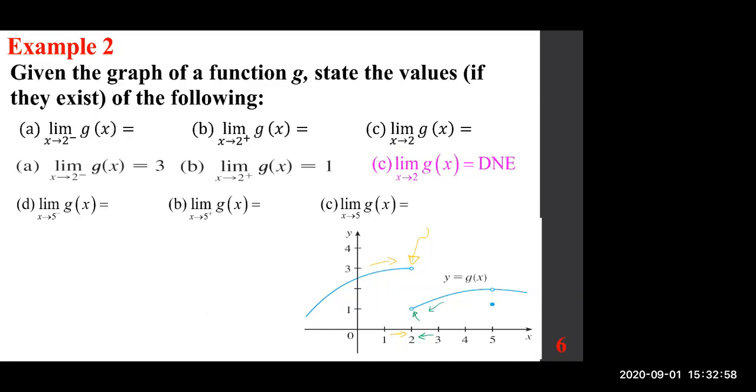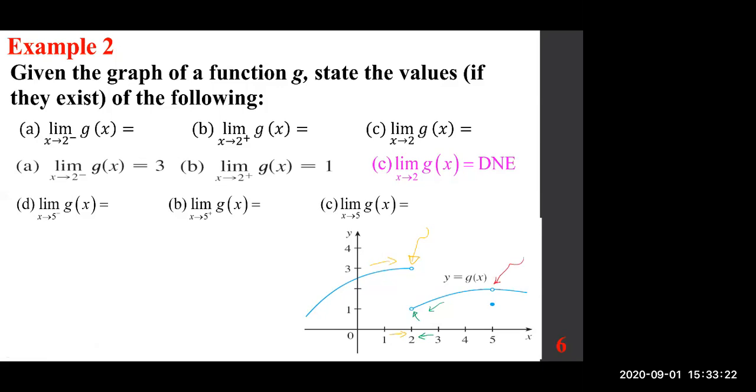Now we're going to do the same thing for number 5. We're going to approach number 5 from the left and right. I hope you see in the case of number 5, whether we approach from left or right makes no difference.